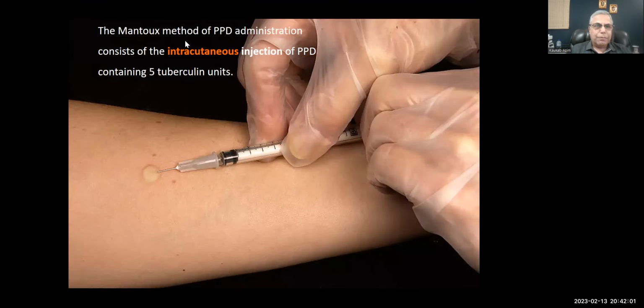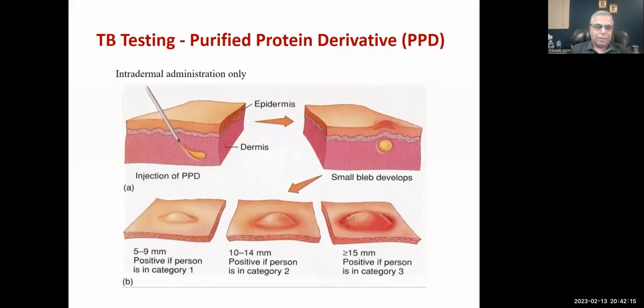So we give this PPD intradermally, not subcutaneously. We give it just beneath the epidermis, okay? And we should get a sort of a bubble like this, a blister sort of thing. So here it is, this is epidermis, and we give it just below the epidermis. So we get this sort of blister above wherever we have injected this PPD, okay?